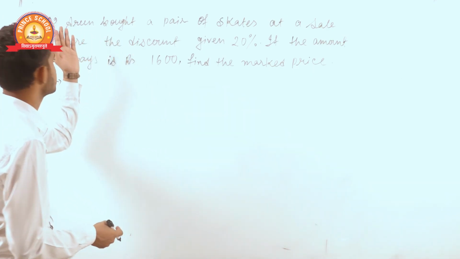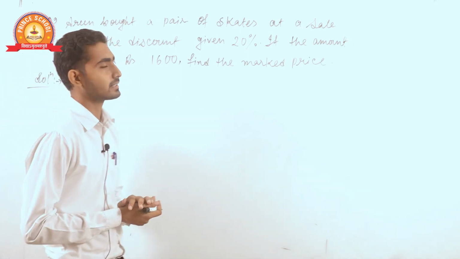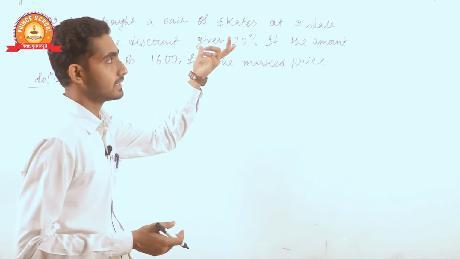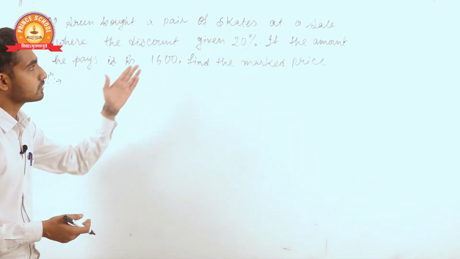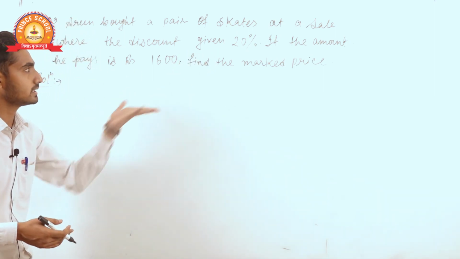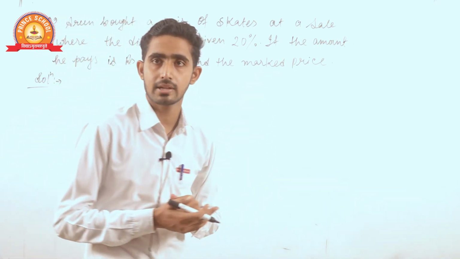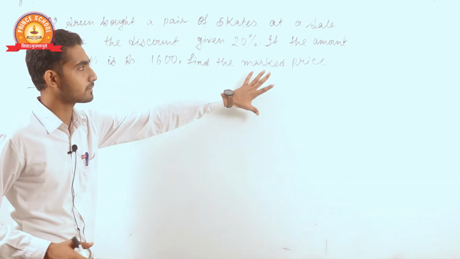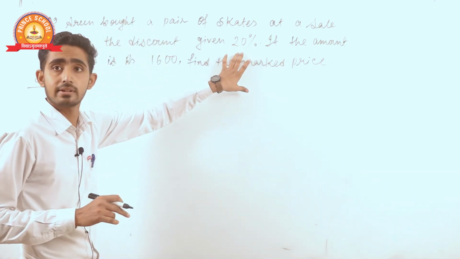Let's come to question number 9. Question number 9 says Arun bought a pair of skates at a sale where the discount given is 20%, and if the amount he pays is rupees 1,600, then find the market price, that is mark price. Okay, so if I consider mark price as X, and always remember, discount percentage is given in your question.